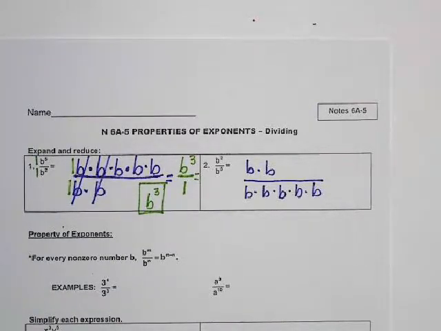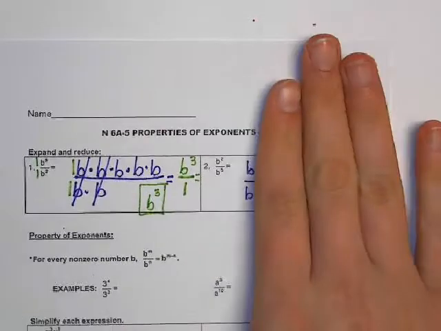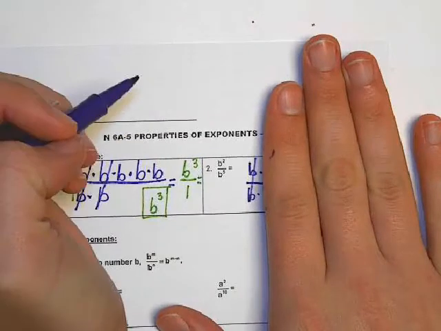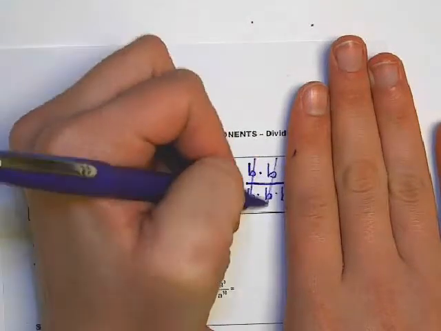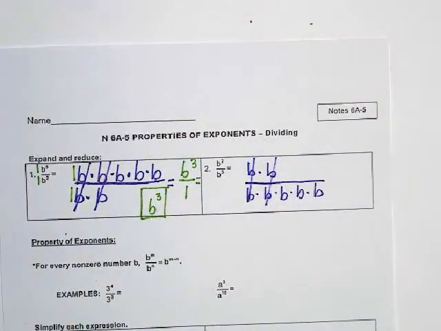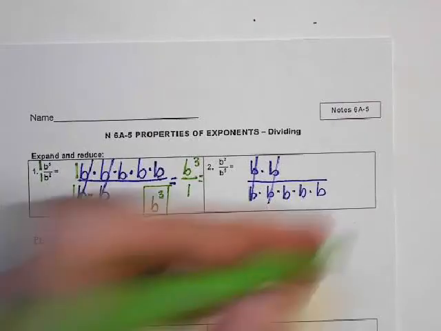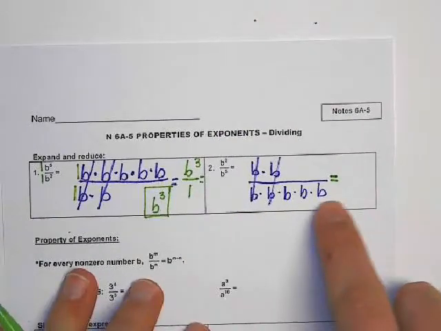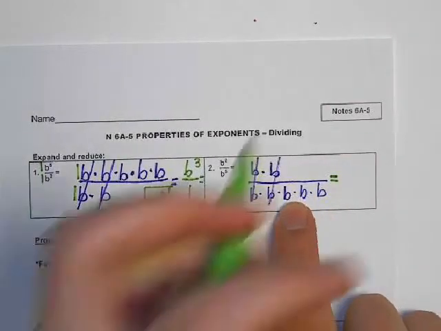Same thing on the top and bottom. What happens? They cancel out. So these cancel. These cancel. Can I cancel anything else? No. Now, what am I left with? 1 over B, 3 B's, right?